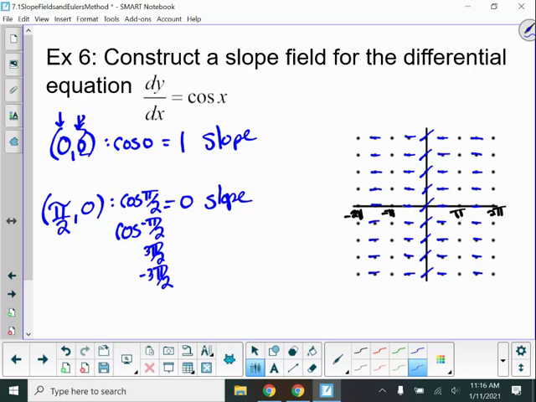Now we need to think about if there's any other places cosine is equal to 1. And I believe there are 2 other places where your cosine is equal to a positive 1. Cosine of negative 2 pi and a positive 2 pi are also equal to 1. So I have 1s here and 1s here.